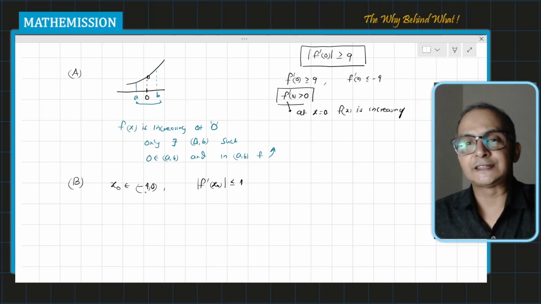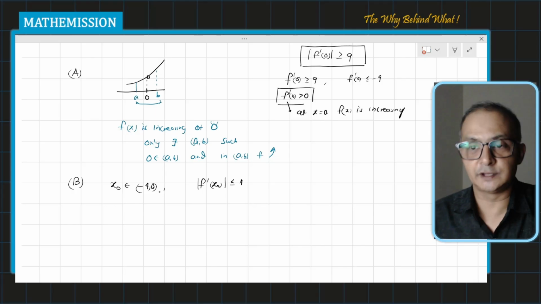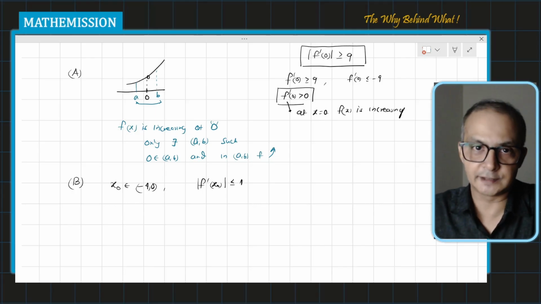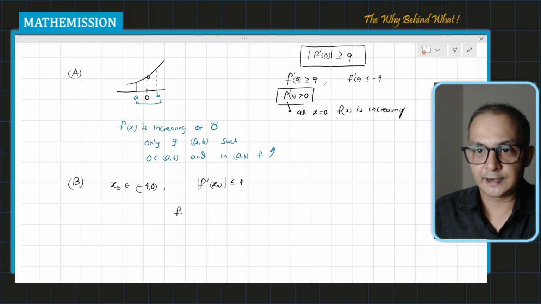Whenever we see this kind of interval and they are asking about the derivative at a certain point in the interval, it reminds us of Lagrange's mean value theorem. So let's apply Lagrange's mean value theorem between -4 and 0. I'm claiming that I have such an x naught, with f'(x naught) between -4 and 0, so that I have (f(0) minus f(-4)) divided by (0 minus -4).